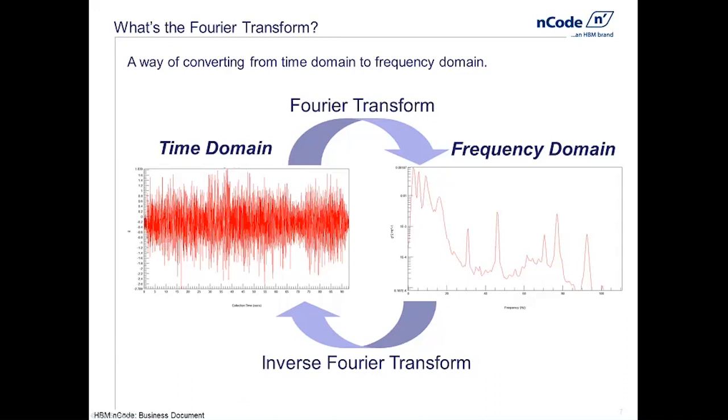The point is we can look at measured time series data in the time domain. We can also use the Fourier transform to convert it into the frequency domain, and we can use an inverse Fourier transform to work out of the frequency domain back into the time domain.